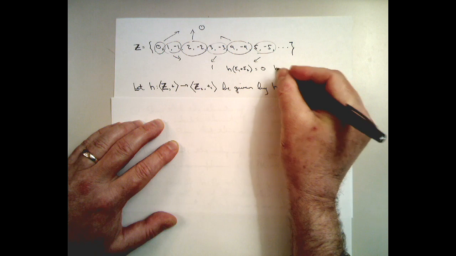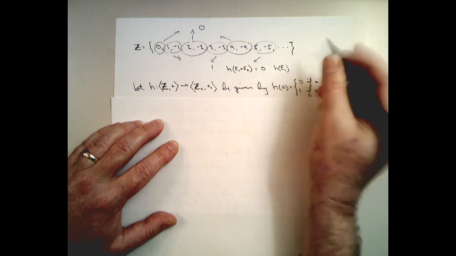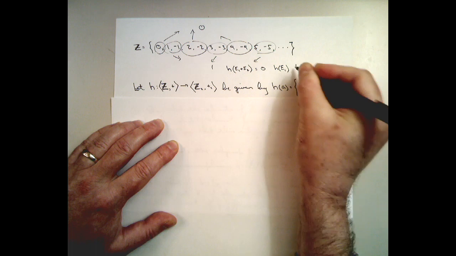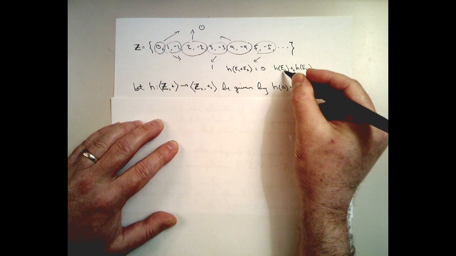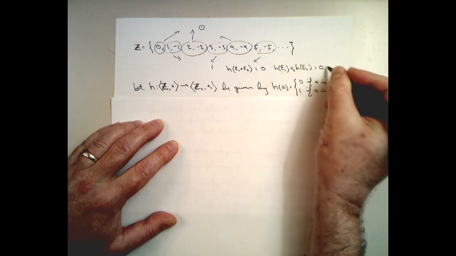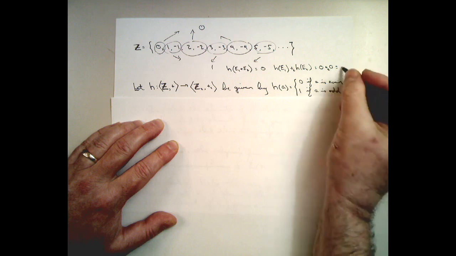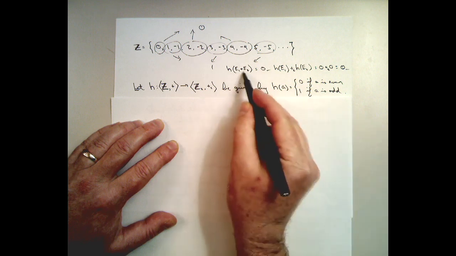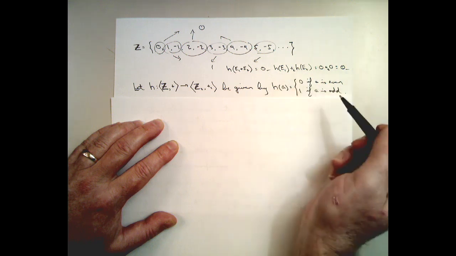But if I looked at what h did to E1 and E2 individually first, and then added them together in Z2, well, h takes E1 to 0, takes E2 to 0, and whenever I add 0 to itself in Z2, I get 0. The operation is preserved. I get the same thing whether I add first and then look at the functional value, or look at the functional values first and then do my addition in Z2.